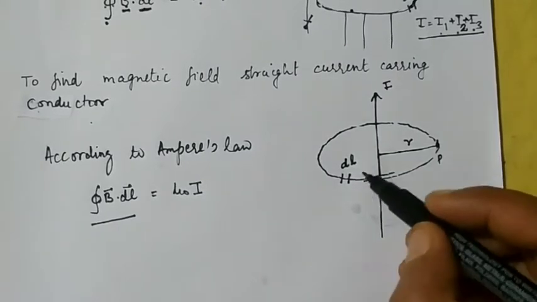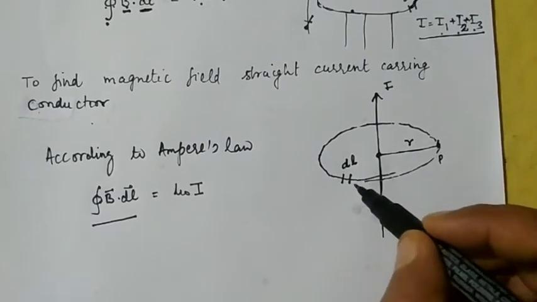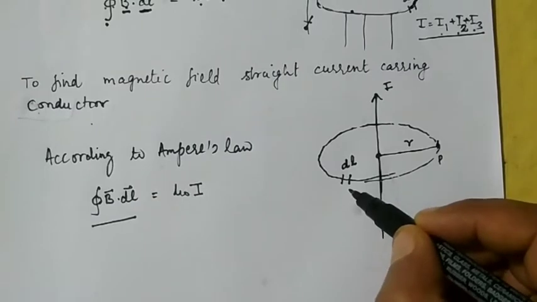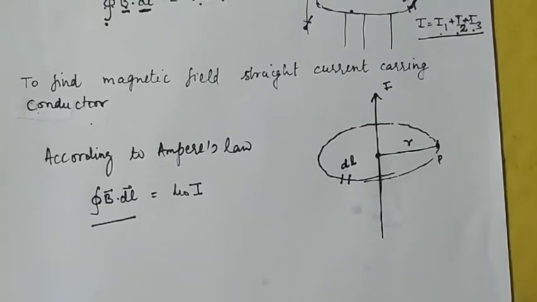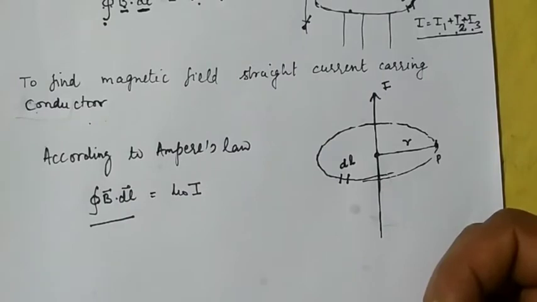Now the direction of the magnetic field because of this infinitely long straight conductor at this point is given by the right hand thumb rule. That is, if the thumb is in the direction of current, the curling of fingers gives you the direction of magnetic field lines.